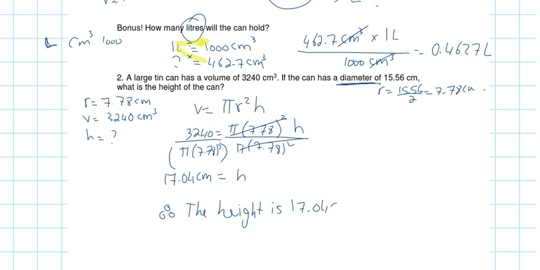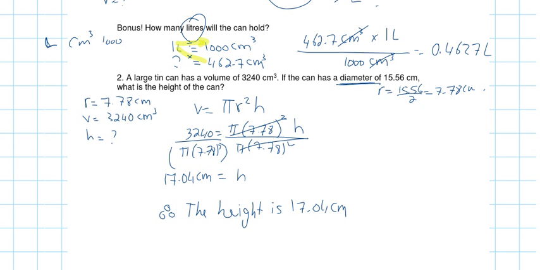Can you explain that part again? You want to get rid of the pi times 7.78 squared because you want to leave h by itself. What is happening between the pi times 7.78 squared and the h?